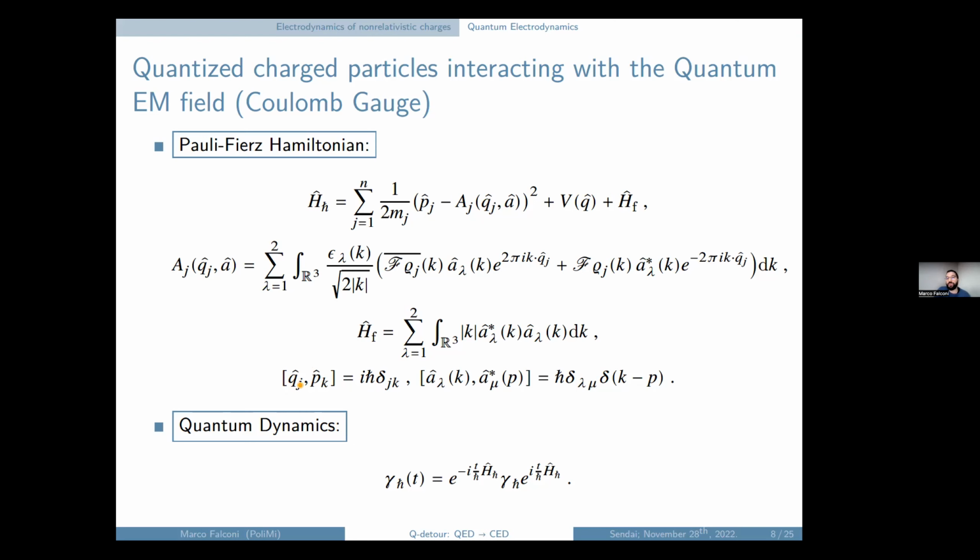In particular, the commutator between the position and momentum of each particle is proportional to h bar with proportionality constant i, and is non-zero only if we take the commutation of the position and momentum of the same particle. And the commutator between the creation and annihilation operators again scales like h bar. It's proportional to h bar, but now with constant of proportionality 1.